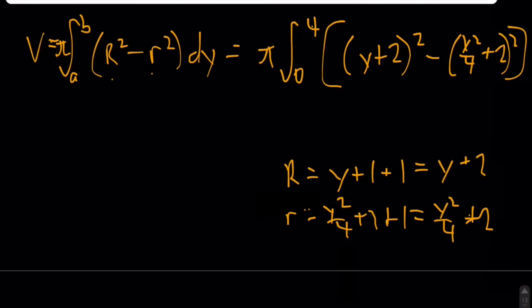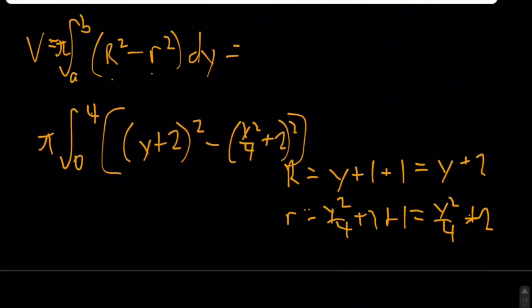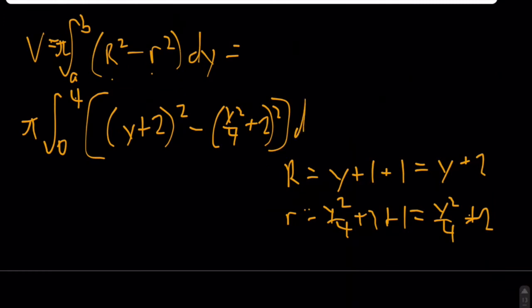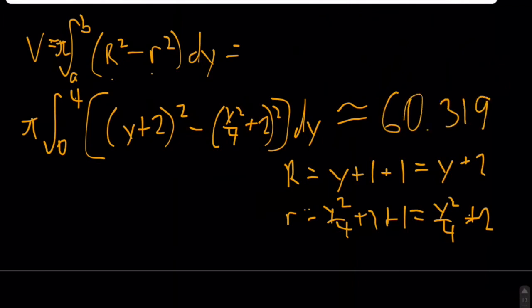And we're doing this with respect to y. And you could, once again, do this by hand, but I find that it's much easier to do by calculator. And when you calculate this in your calculator, you get the result of 60.319 units cubed.